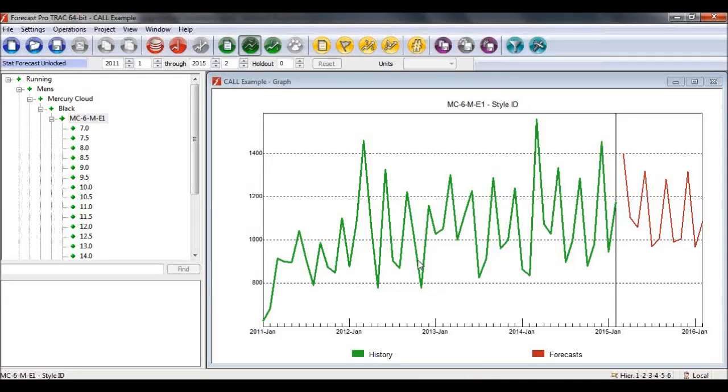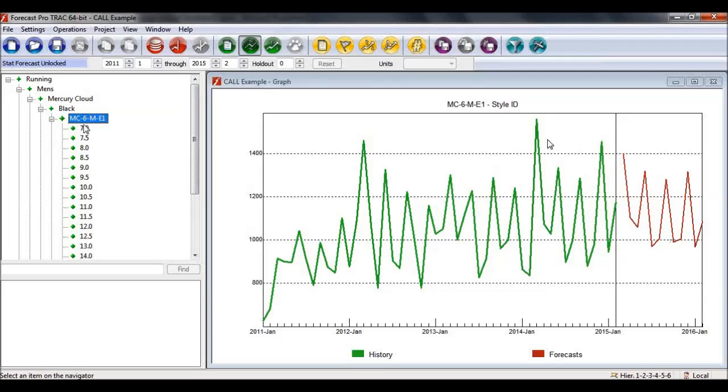So here's a different data example. This data is real data. It comes from a shoe company where they sell different shoes. What you're looking at here is a particular shoe. It's a SKU, just a particular style of shoe. You can see the historical data, again, it's monthly. We have just over 4 years of history, and it's very stable. It's very high volume. We can see a forecast.